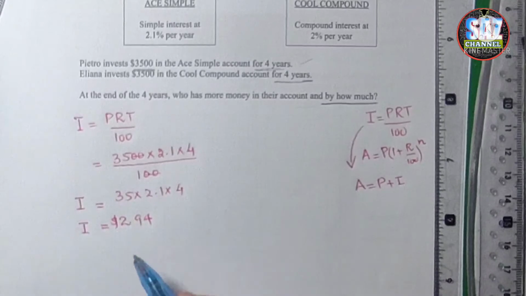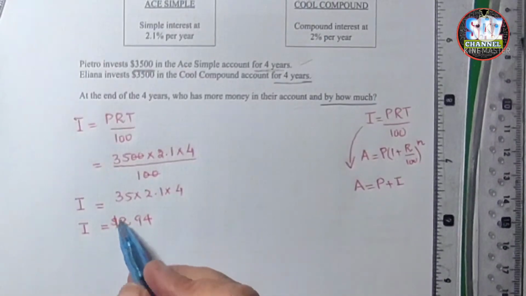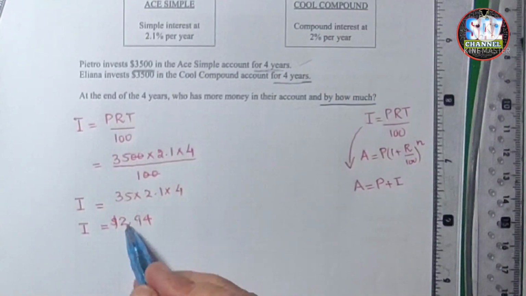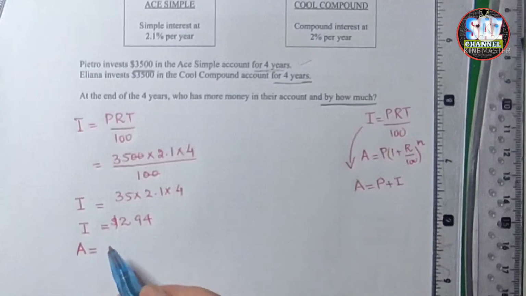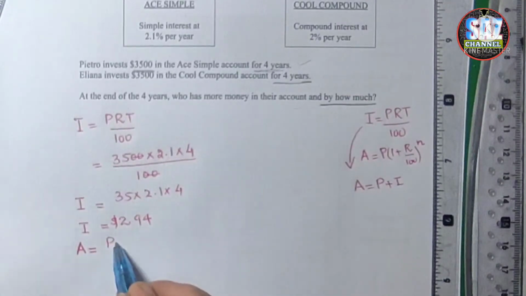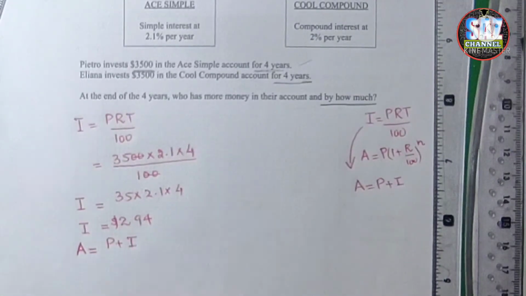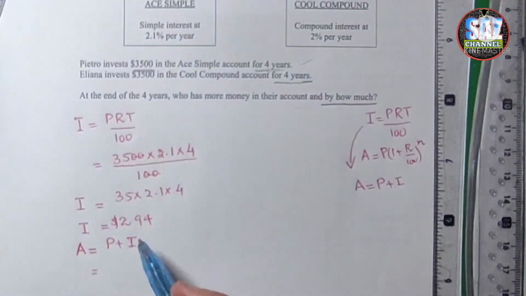This is the amount of interest that this person will be receiving at the end of 4 years, and how much amount by simple interest we will have at the end of 4 years, that is principal plus interest. You must provide all necessary working in your calculation space.